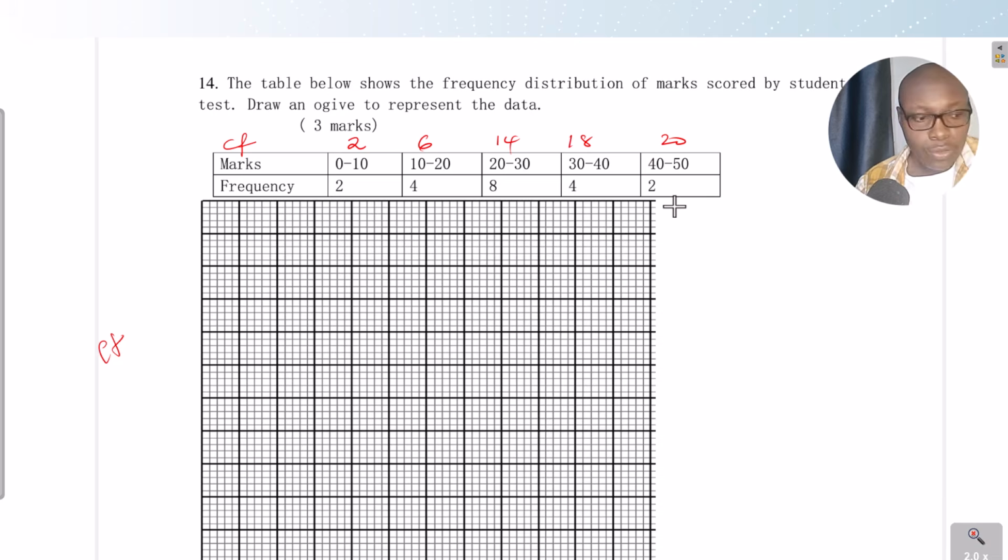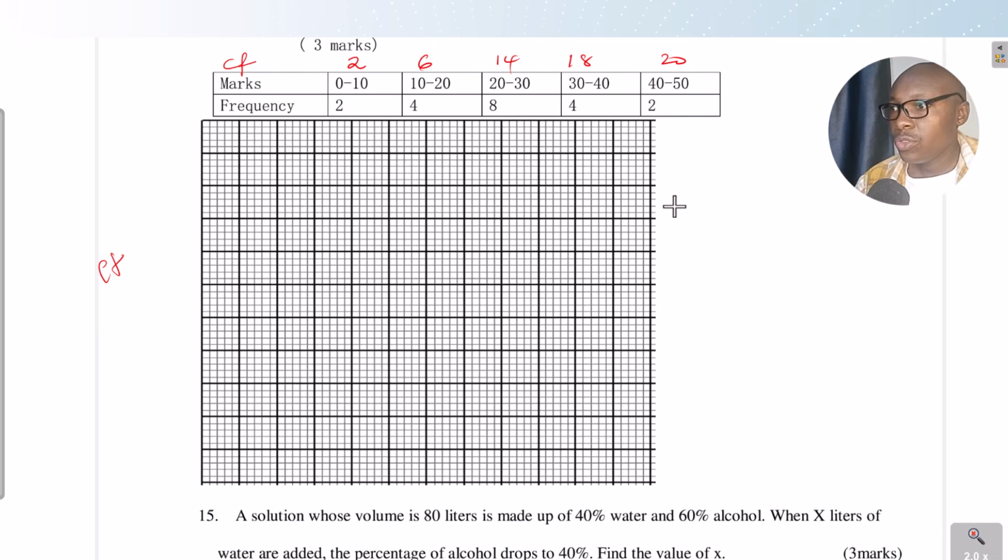20. So for that one, the scale that I'm going to use, I can use a scale of 1 centimeter to represent 2, the y-axis.